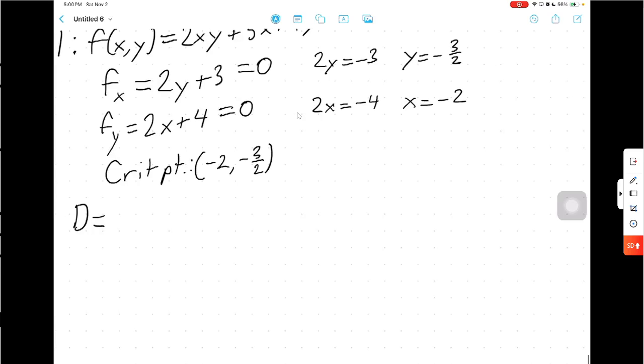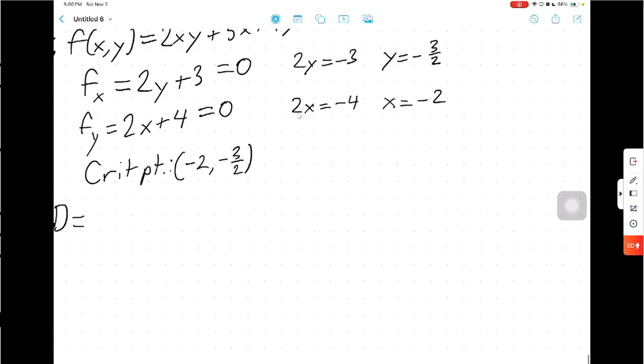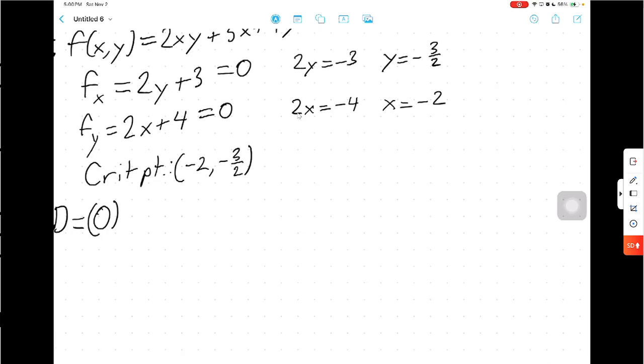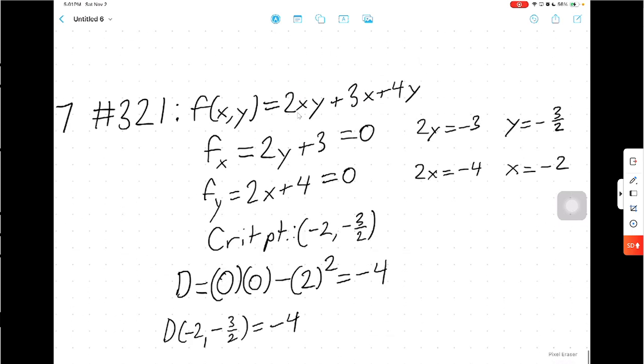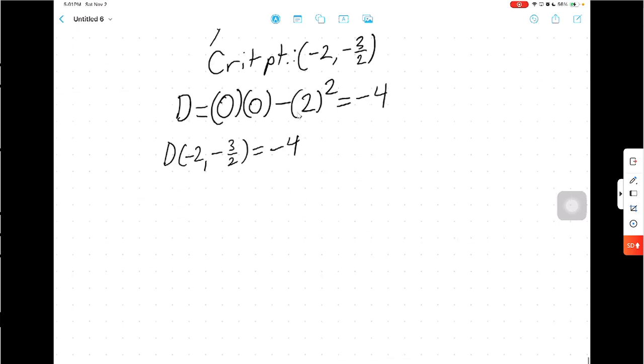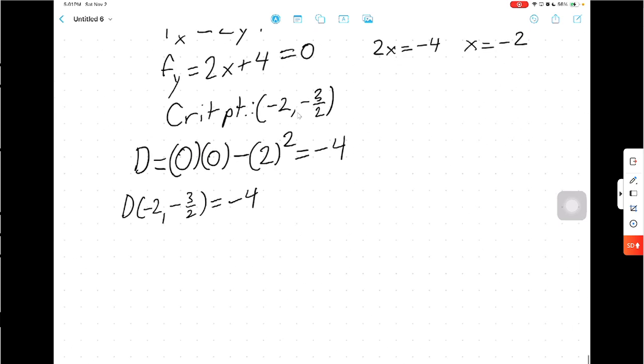Our D is going to be fxx, which is 0, times fyy, which is 0, minus fxy squared, which is equal to negative 4. Fortunately, it doesn't actually say anything about what happens when you have fxx equal to 0.